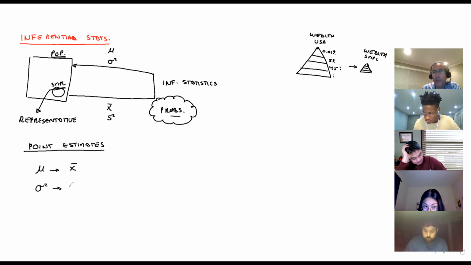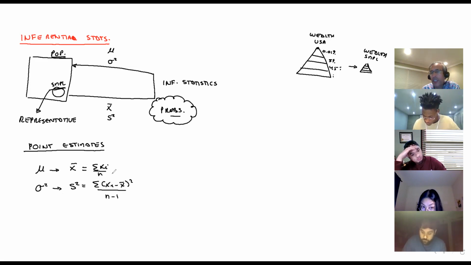The point estimate of the population variance is the sample variance. Remember, guys, that the sample variance formula is always divided by n minus 1, not by n. What is the sample mean? It is simply the sum of xi divided by n. Okay, the simple average.